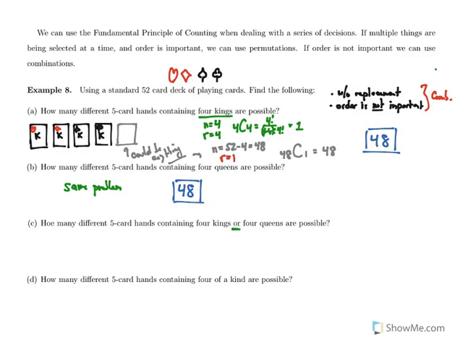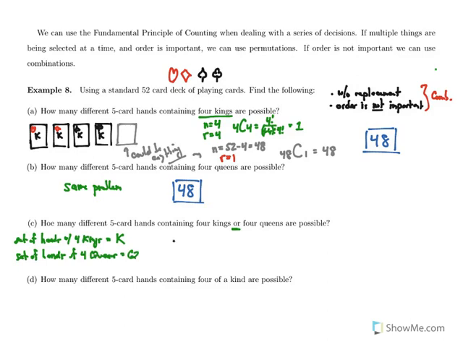This is looking at, let's call it, the set of hands with 4 kings. We'll call that K. And the set of hands with 4 queens we'll call Q.